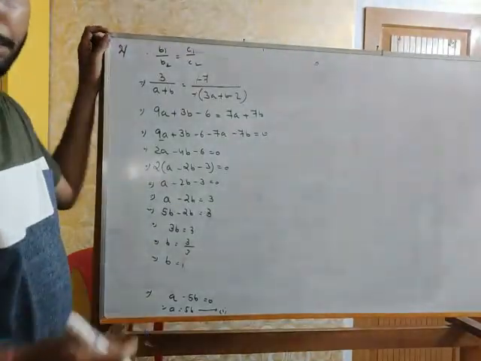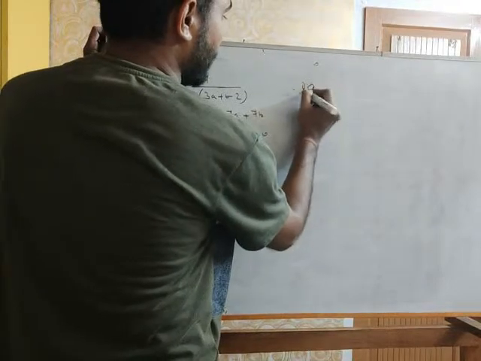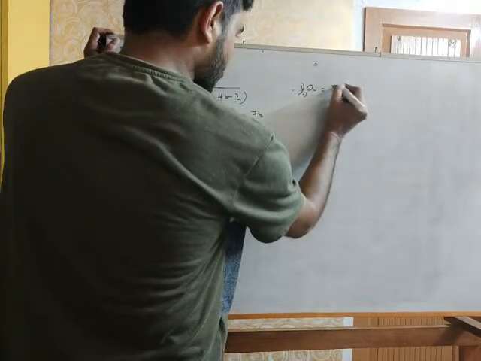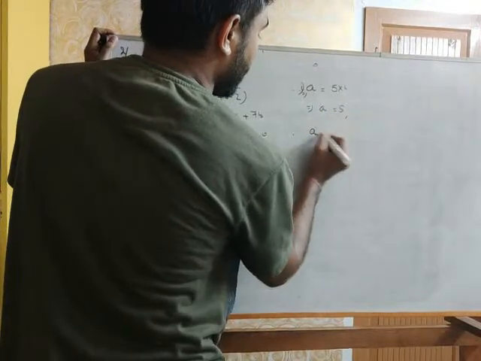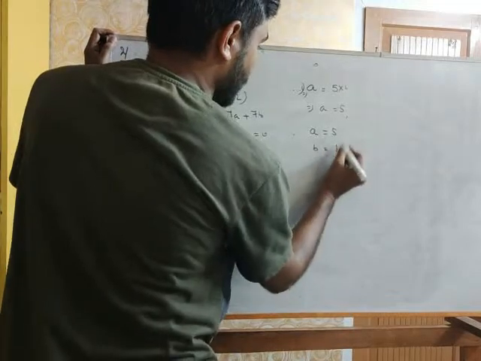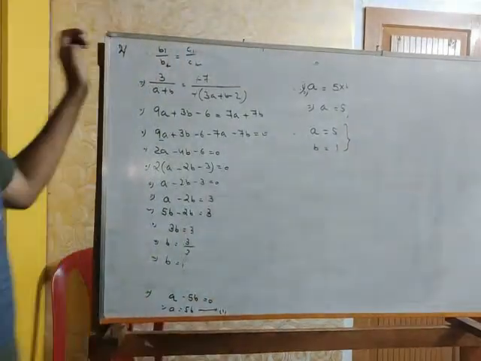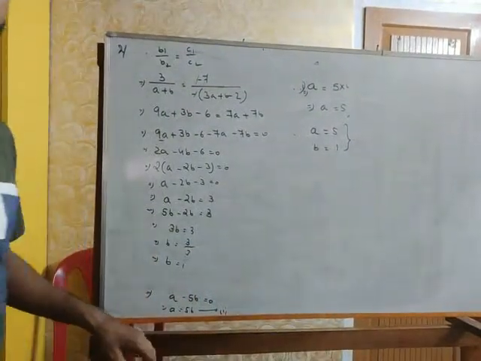So I got the value of b here. Therefore, equation number 1 implies a is equal to 5b, that is 5 into 1, which implies a is equal to 5. Therefore, the value of a is 5 and the value of b is 1. Did you get my point, all of you? I can see only 6 people are watching the video. Okay, it's great to see this.